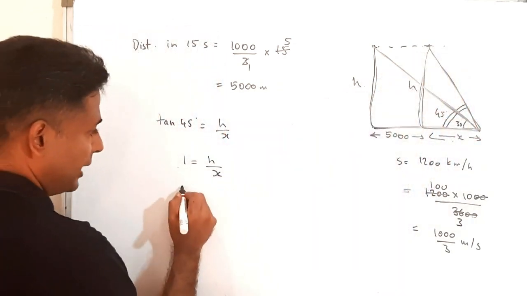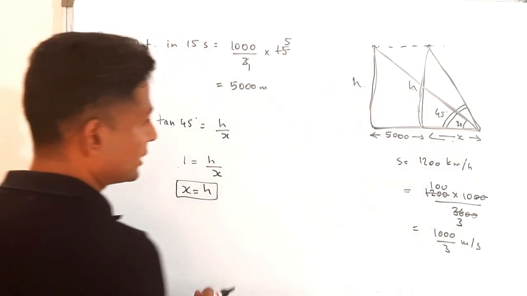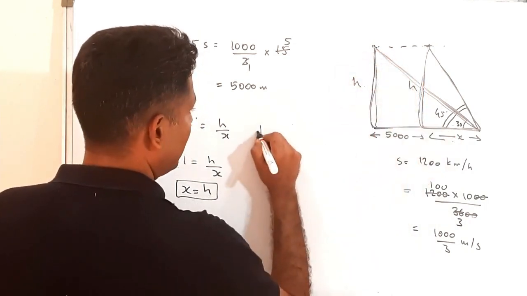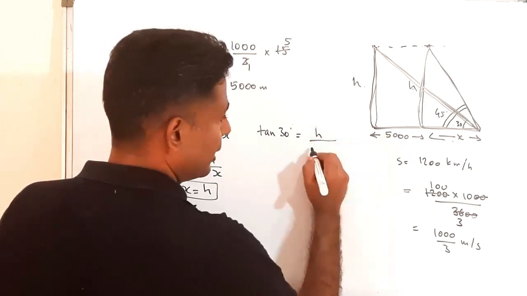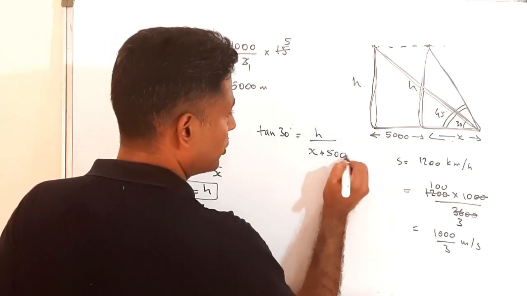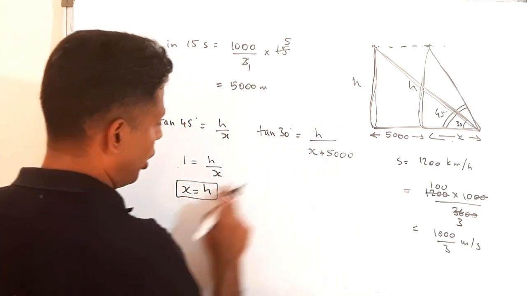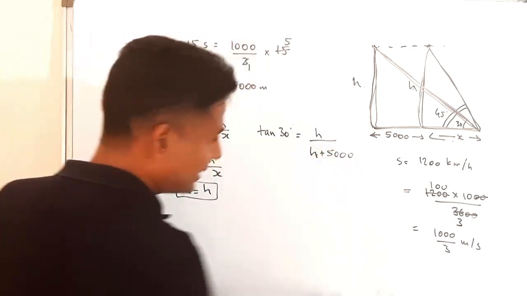So 1 into x equals h. So we got x equal to h. Now taking this triangle, the second one, we have tan 30 degrees equal to opposite, that is h, by x plus 5000. But we have x as h. So instead of x, we'll put h.